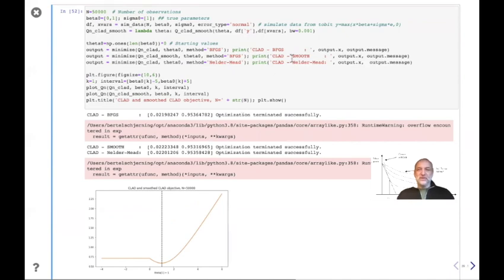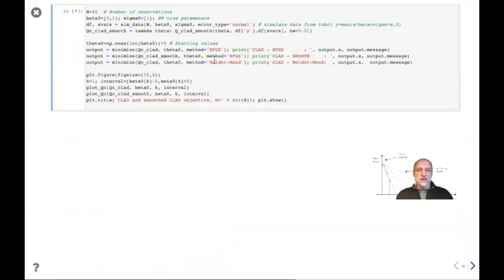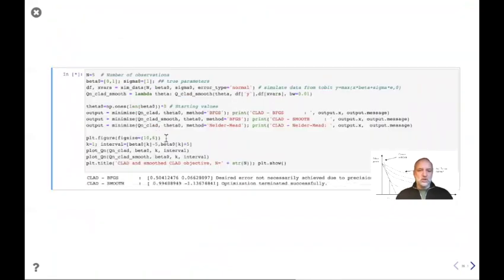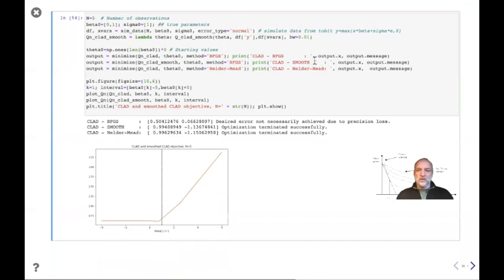Okay, so that's a lot of stuff you can learn. You can use smoothing to make problems more well behaved, and that's good to know.